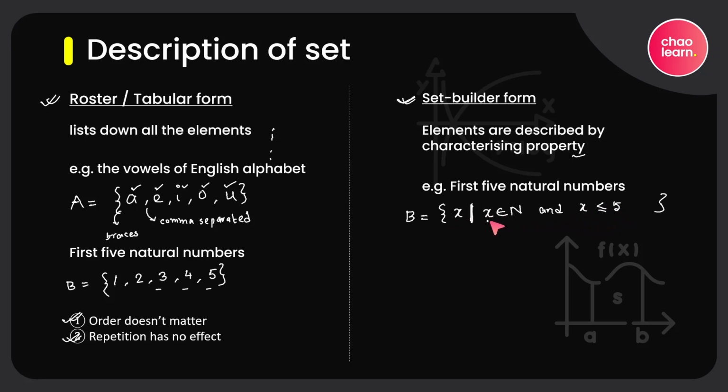Here the straight line means "such that". So this is our set. Whenever you write it in this way, the reader understands that you are talking about 1, 2, 3, 4, 5, right? These are all less than or equal to 5, and these are all natural numbers. So that's how you describe a set in the set builder form.